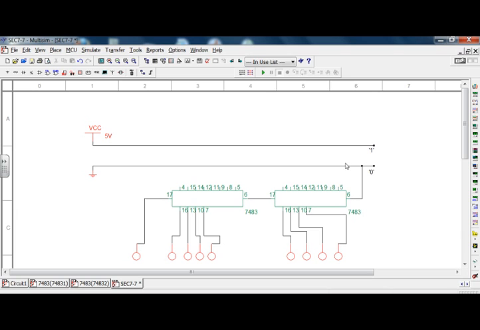All right, what we're going to do, we're going to hook up everybody low. Low, low, low. And why do I have to do that? Otherwise they're going to float high.